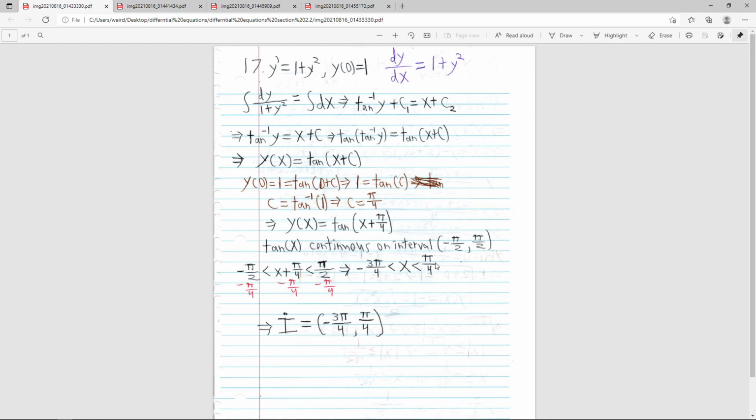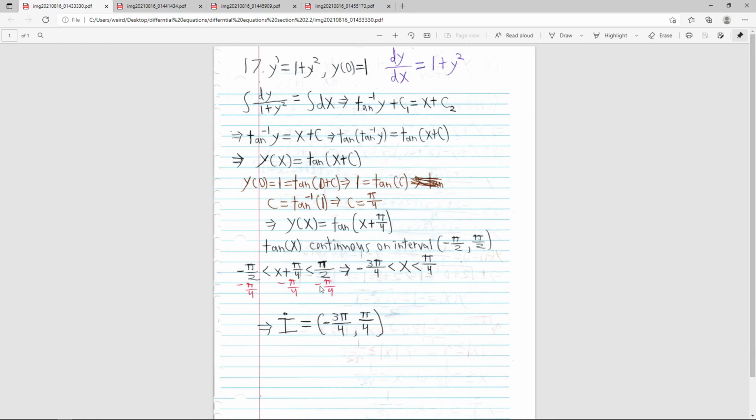Tangent of x is continuous on the interval negative pi halves to pi halves. This is like a rule. When we're considering the tangent function, it has a discontinuity at pi halves and negative pi halves. So we have negative pi halves less than x plus pi fourths less than pi halves.